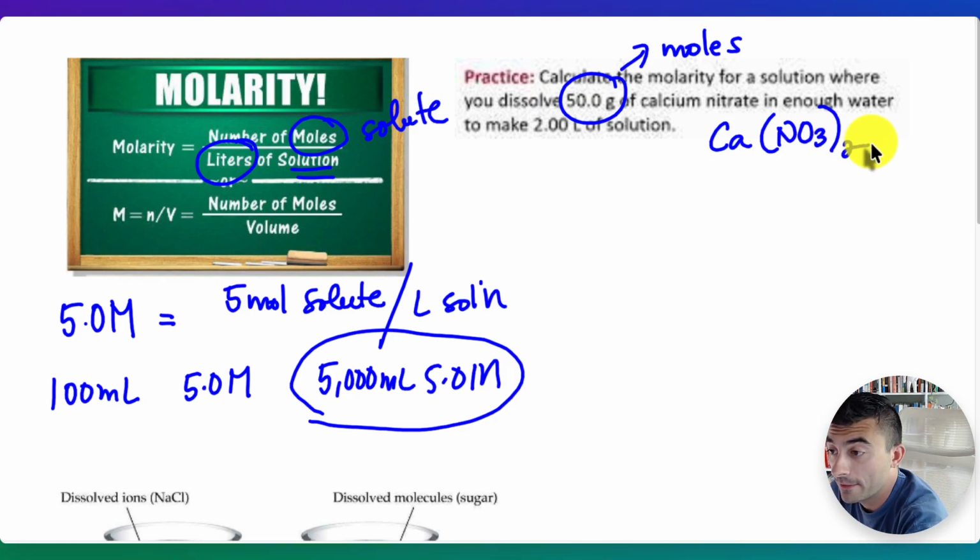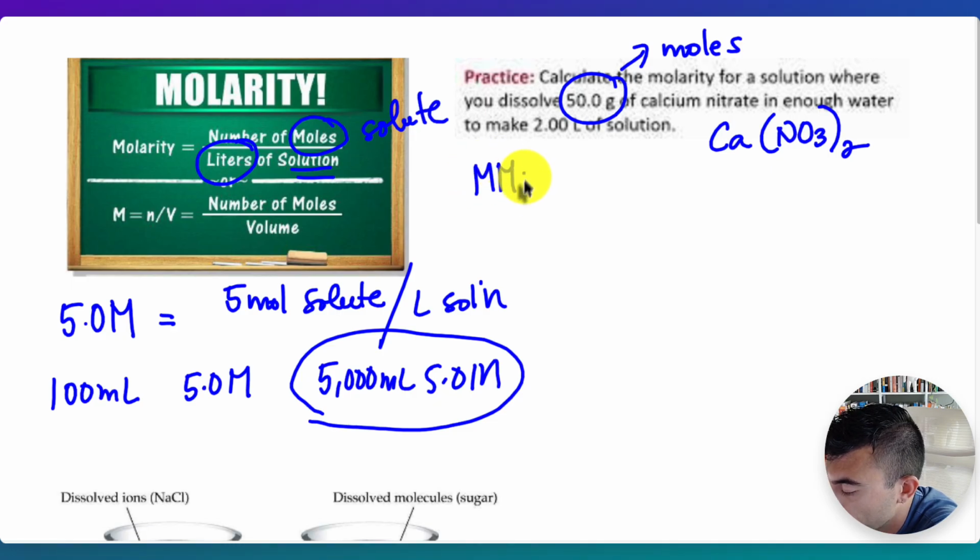You have to be able to write out the formula correctly to do that if they don't give it to us. So that's calcium nitrate. We can then find the molar mass of calcium nitrate. If we add up 1 calcium and 2 nitrogens and 6 oxygens, we should get something close to 164 grams per mole.